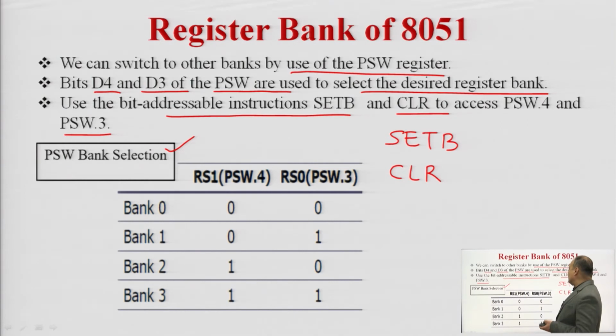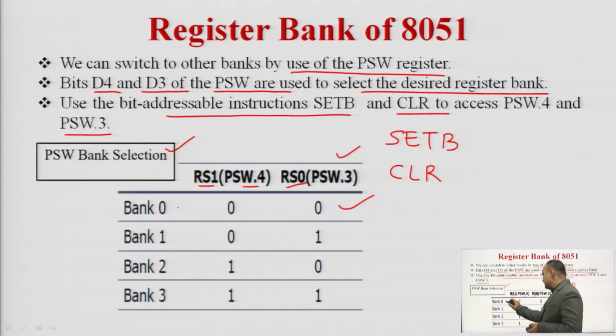In the PSW register we have two bits: PSW.3, designated as RS0, and PSW.4, designated as RS1. That is, register select bit 1 and register select bit 0. If PSW.4 and PSW.3 are both 00, bank 0 is selected.